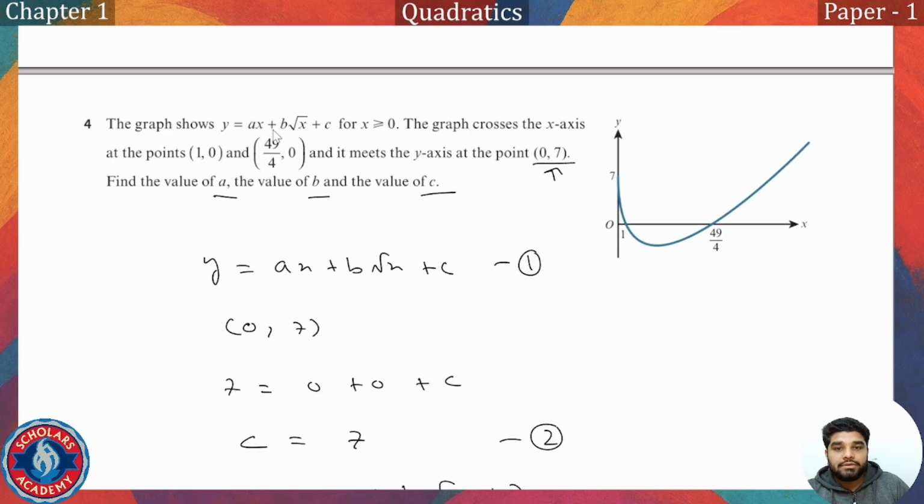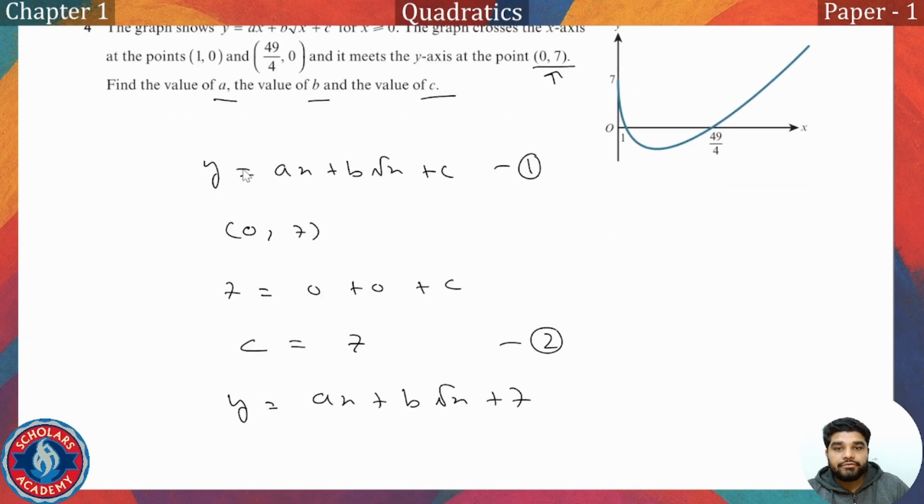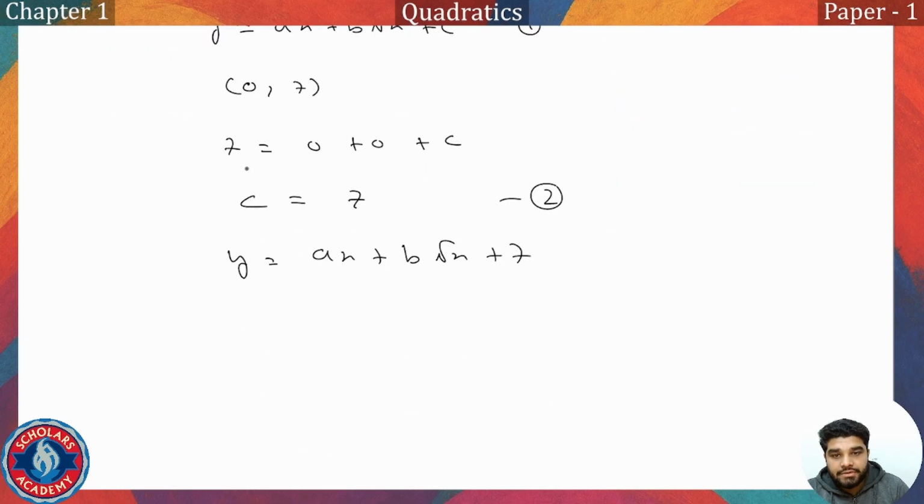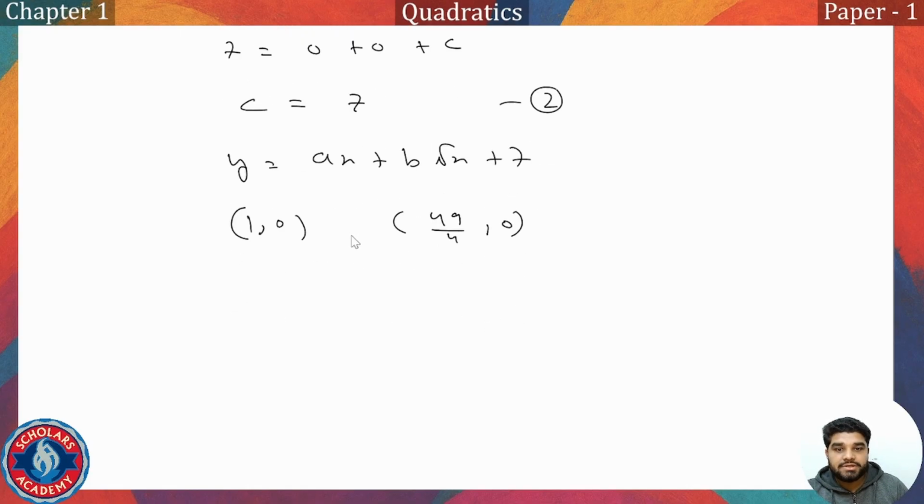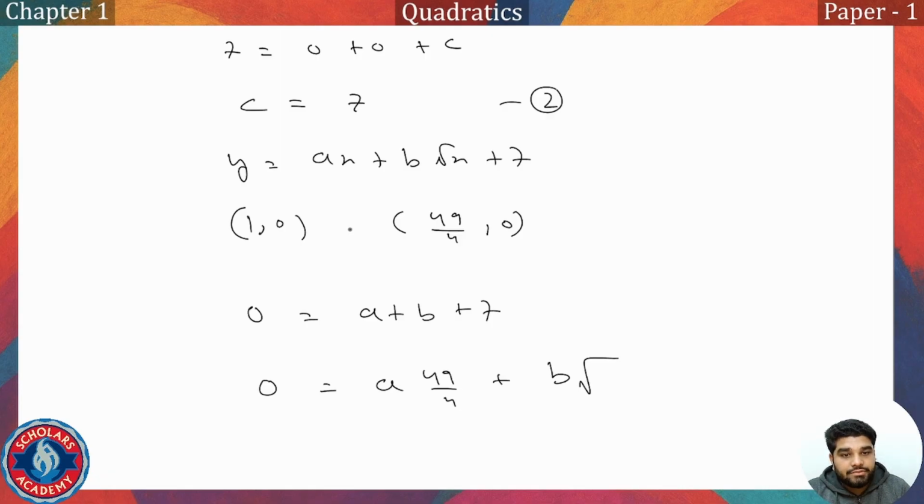Now the 2 points are (1, 0) and (49/4, 0). We substitute these in the equation. We get 0 = a + b + 7. The second equation that we get is 0 = a times 49/4 + b times root of 49/4 + 7.